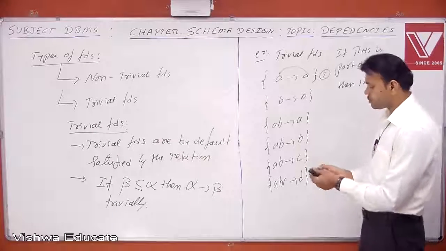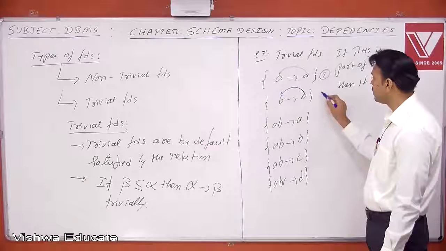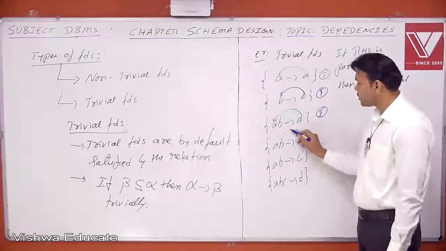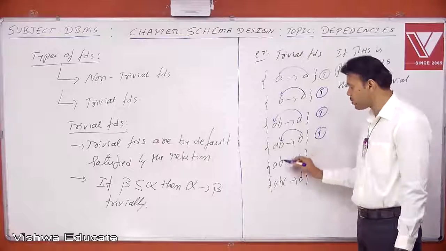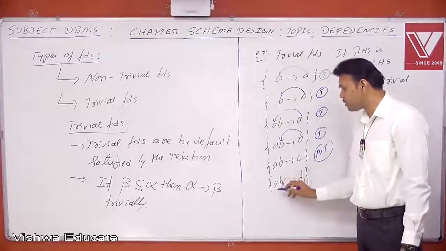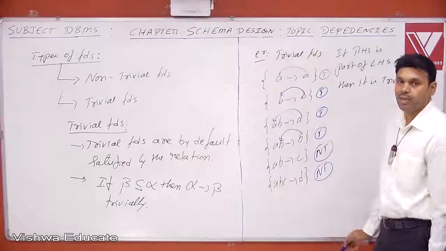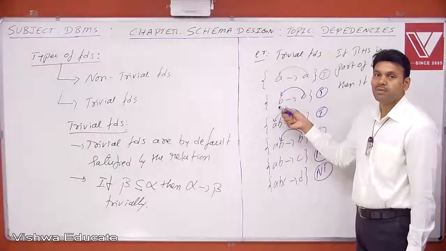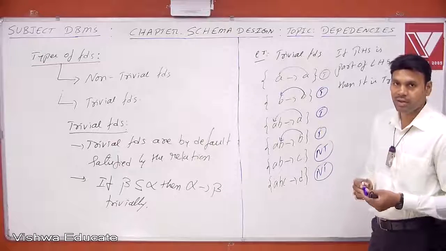Next one, B to B, RHS is a part of your LHS, therefore trivial. This is a part, therefore trivial. It's a part, therefore trivial. C is not part of AB, hence it is non-trivial. D is not part of your ABC, hence it is non-trivial. So it's very simple. Trivial means the RHS must be part of the LHS. Otherwise, it comes under non-trivial.